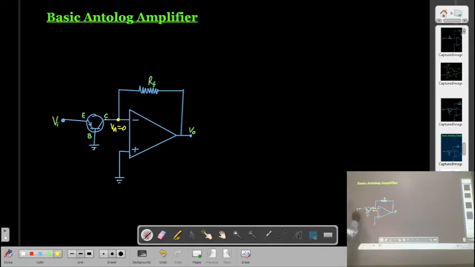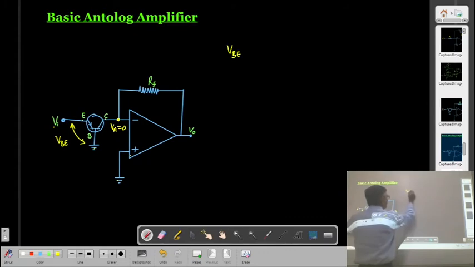Now the input voltage is given to the emitter. So here if we see the VBE voltage, then this VBE voltage will be equal to the input voltage. So we can just write that the base to emitter voltage is nothing but my input voltage. Okay. Now whatever the current is going to flow here, that is the collector current.